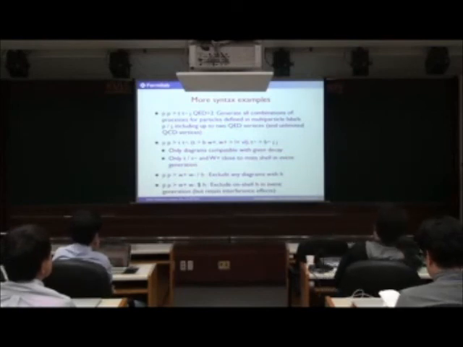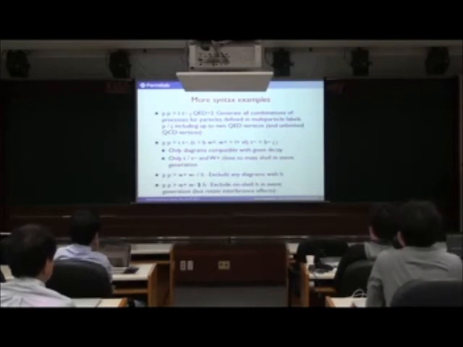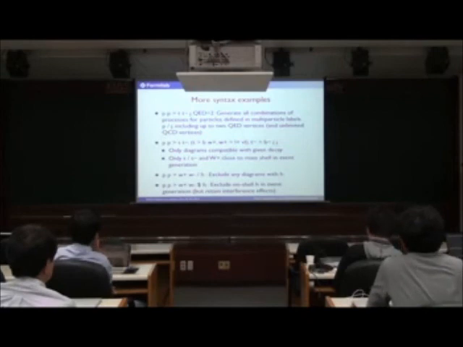Then you'll get all combinations of the particles defined in these particle levels, including up to 2 QED levels, an unlimited number of QCD levels. So in general, you don't want to specify the couplings because we know what is dominant. But if you do want to specify the couplings, remember that you'll get unlimited vertices in all other couplings.